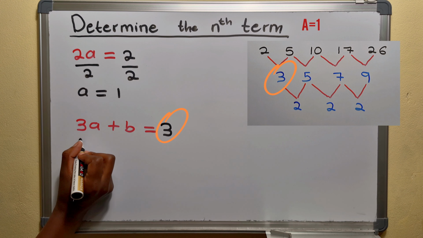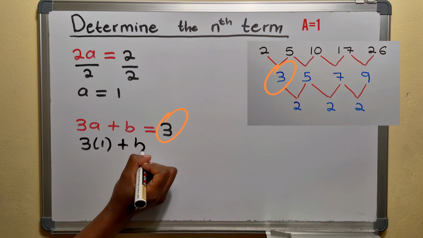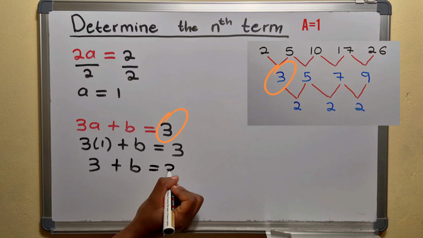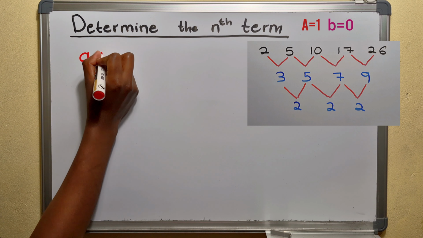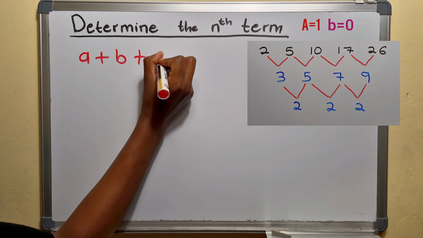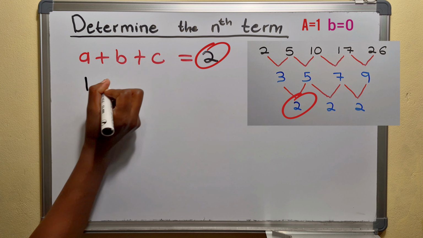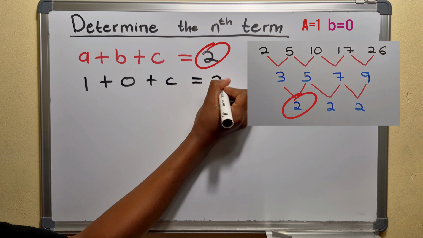We already have the value of a, so all you gotta do is solve for the value of b. To find the value of c, we use the formula a plus b plus c equals 2, the first term. The value of a is 1, the value of b is 0, so all we gotta do is solve for the value of c.